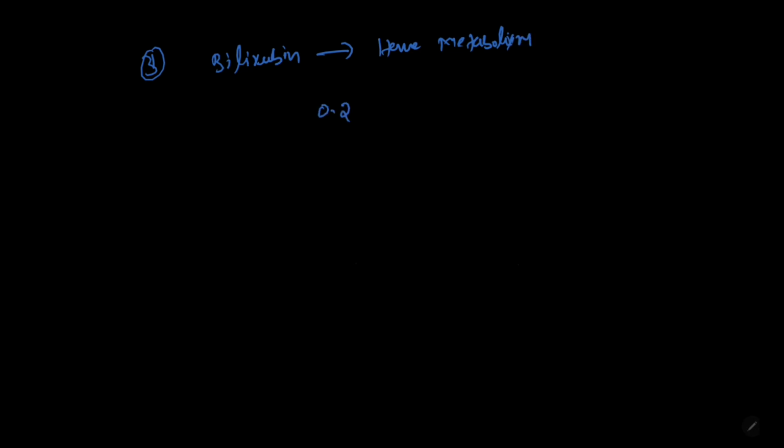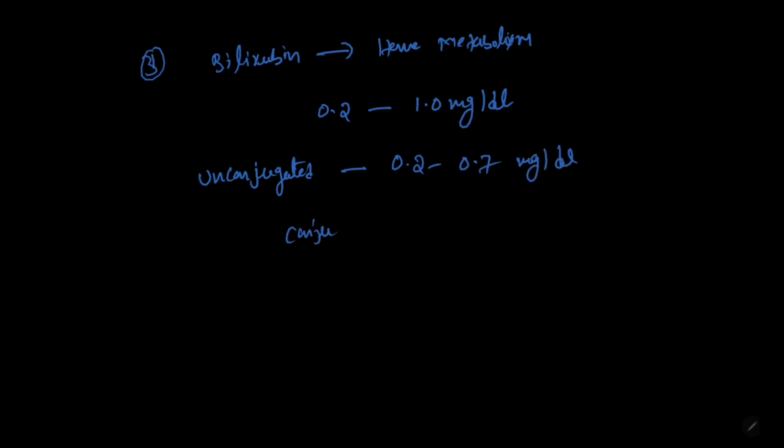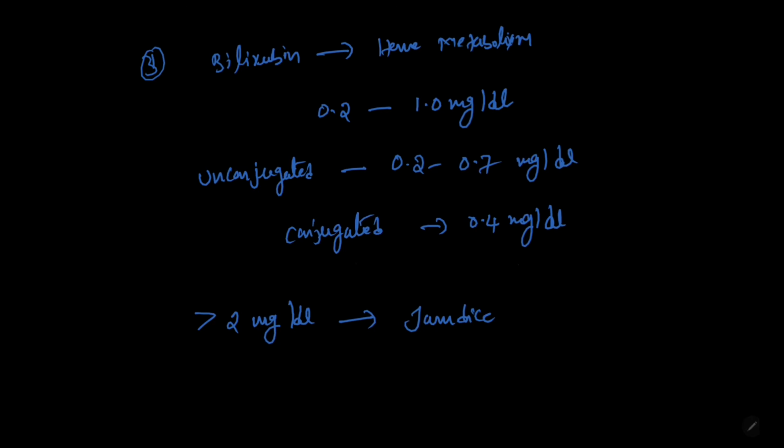Normal range is 0.2 to 1.0 mg per dl, whereas unconjugated bilirubin is 0.2 to 0.7 mg per dl, and conjugated bilirubin is up to 0.4 mg per dl. If values are more than 2 mg per dl, clinically it is called jaundice, that is yellowish discoloration of the skin.